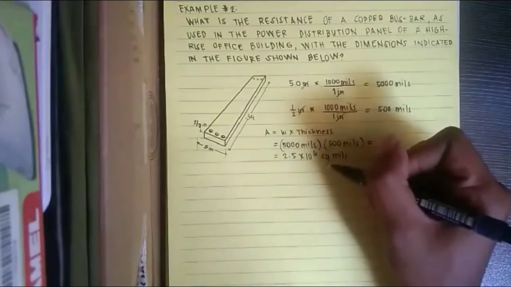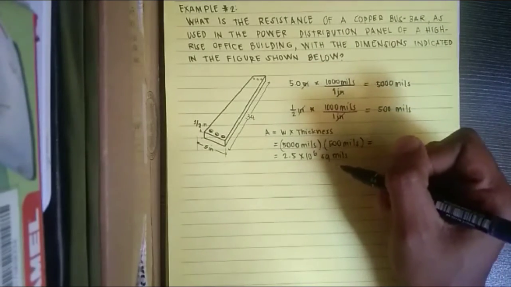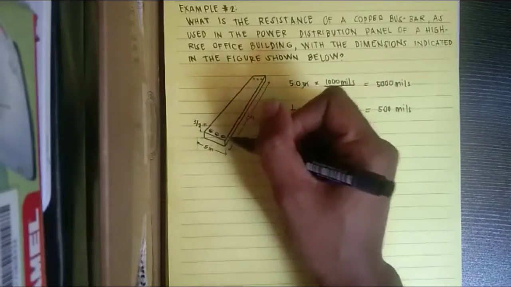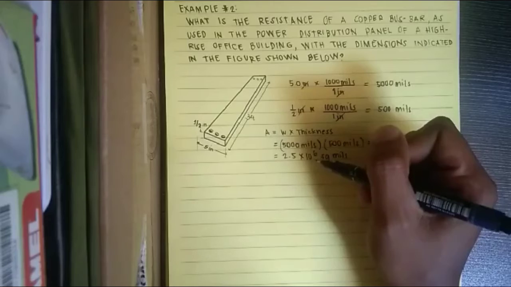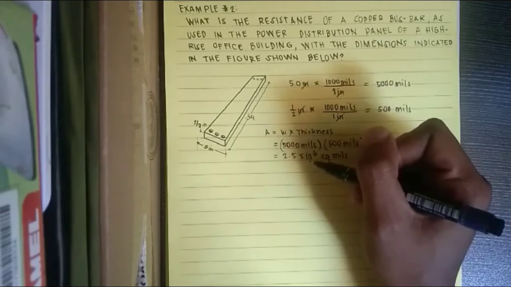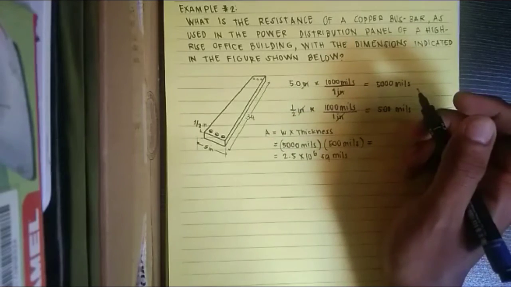Kung mapapansin nyo, square mils siya kasi rectangle yung shape nito and hindi siya circle. So, we're going to convert square mils into circular mils.